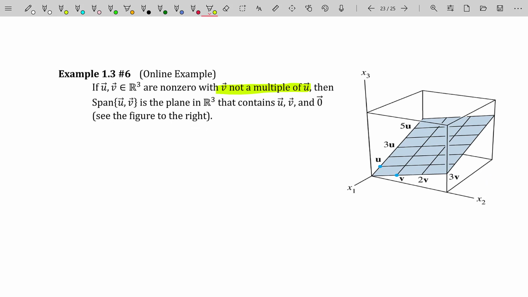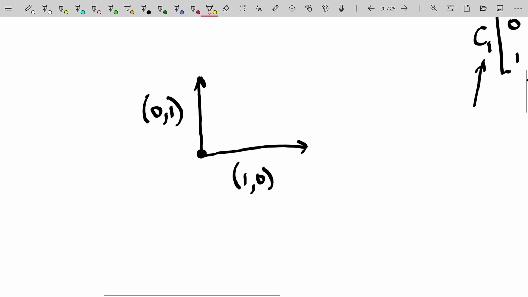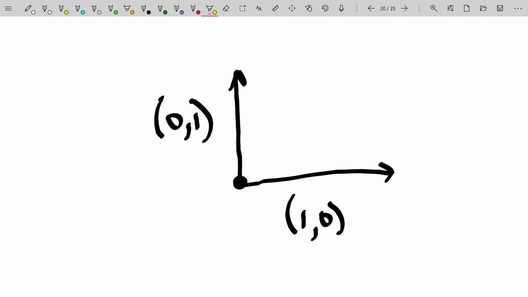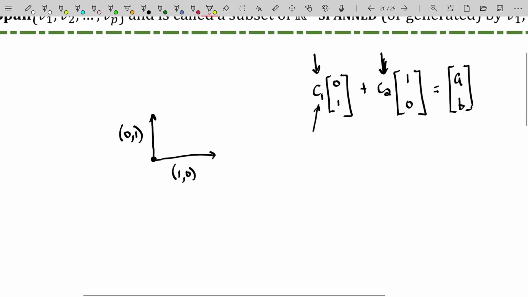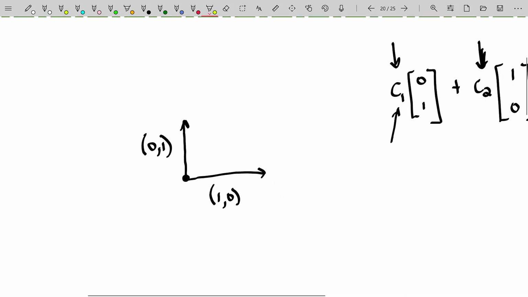Now this should match what I was saying earlier when I said, here are some vectors in R squared, and every vector in R squared can be generated as a linear combination of those two vectors. Therefore, the span of these two vectors in R squared is actually all of R squared. It spans this entire sheet of paper, if you will.